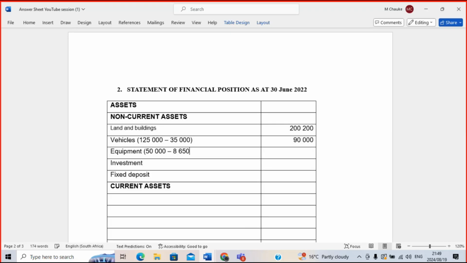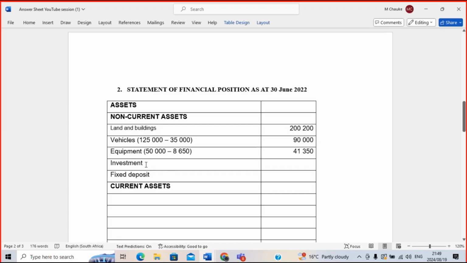And then we close. So how much is your equipment amount there? I also got 41,350. That is correct.